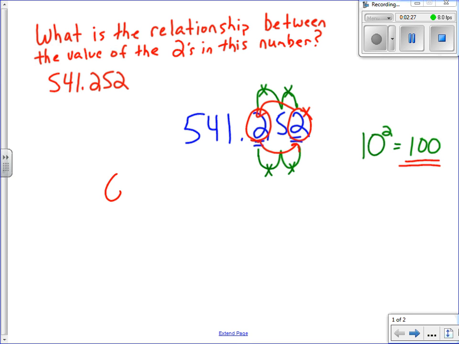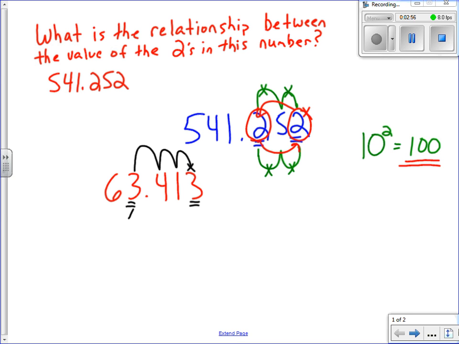Let's say I have 63 and 413 thousandths. So what I want to do is compare the 3's in this number. As I said, I want to do the camel humps and jump place values. So I'm going to start with the thousandths place value, and I have 1, 2, 3.